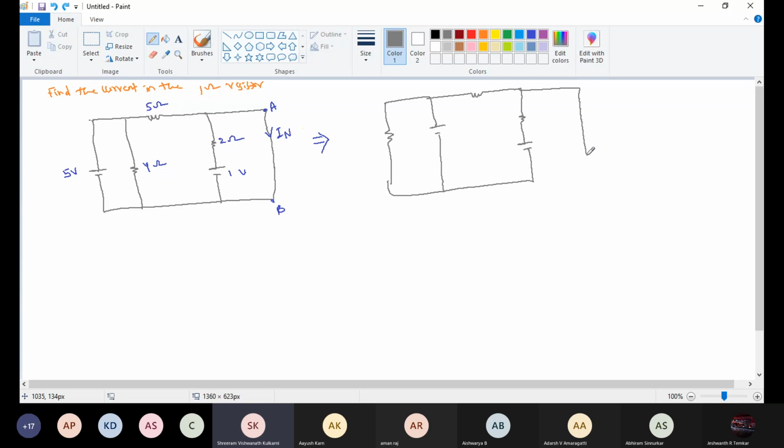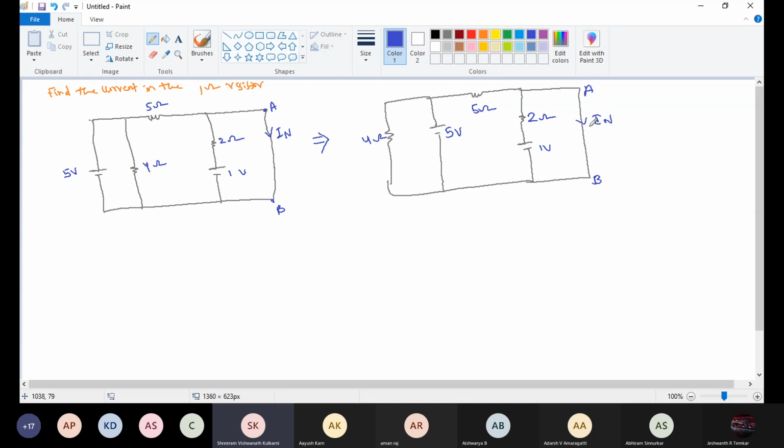Here this is the short, terminal A, B. And this is 2 ohm, this is 1 volt, this is IN. Okay, 5 volt, 5 ohm, this is 4 ohm. This will become useless now, redundant, because we shorted this one.